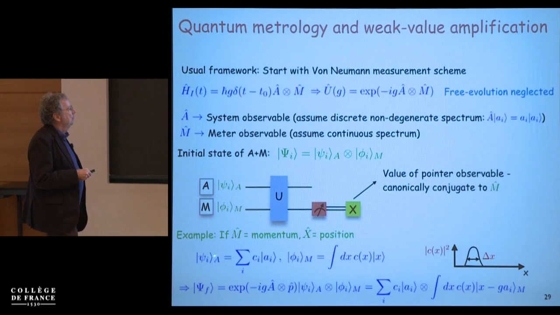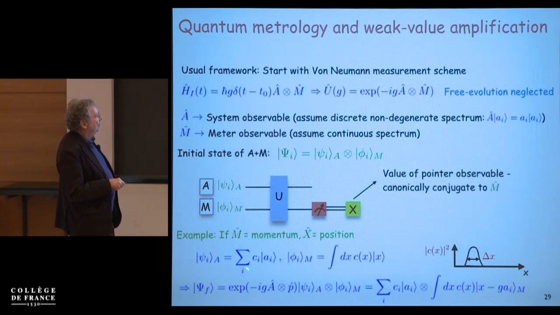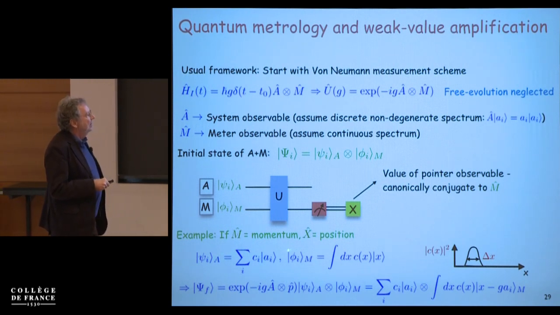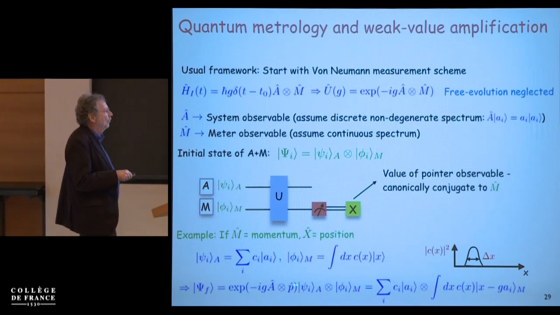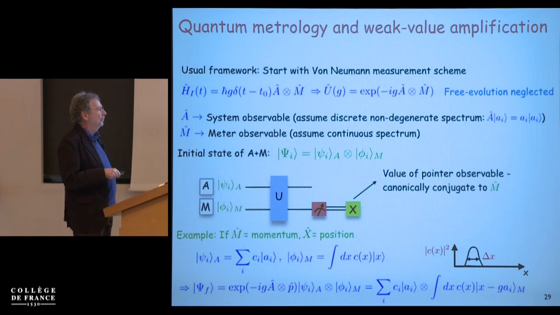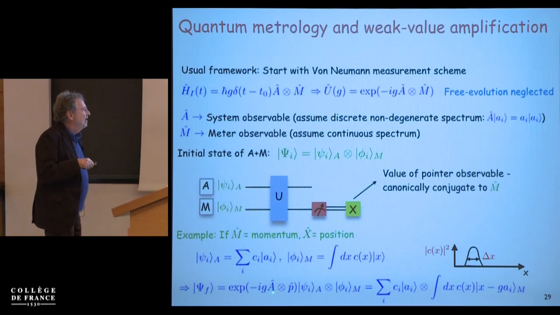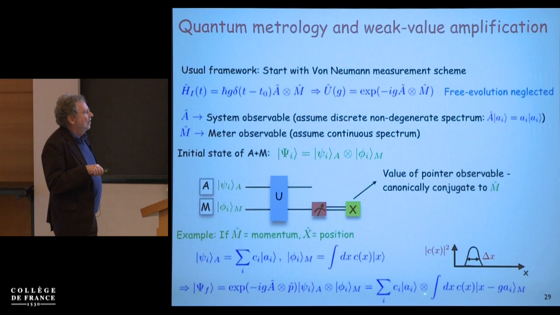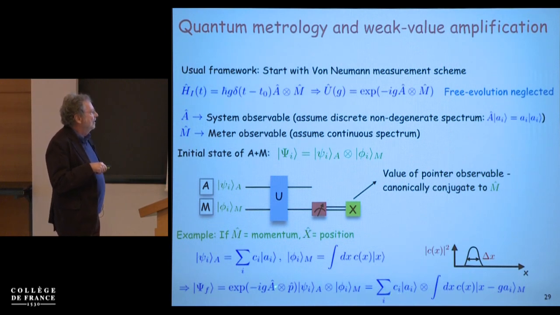In fact, if you start with an initial state of A, which is given by that, and an initial state of the pointer, which is given by that, and if you apply this evolution operator to this initial product state, then A acting on this will just produce the corresponding eigenvalues, and then you'll have some exponential, which depends on P and on the eigenvalues, which will displace these X eigenstates here.